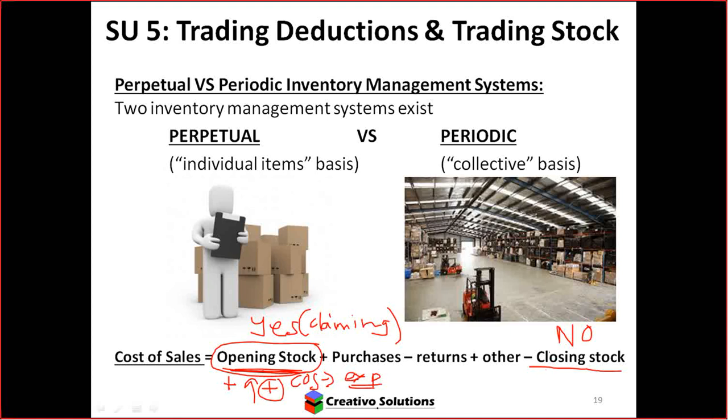If closing stock goes up, you have a bigger negative. When you have a bigger negative, you have a lesser cost of sales. Correct. You have a smaller cost of sales, meaning the deduction will be smaller. Exactly. The deduction will be smaller.